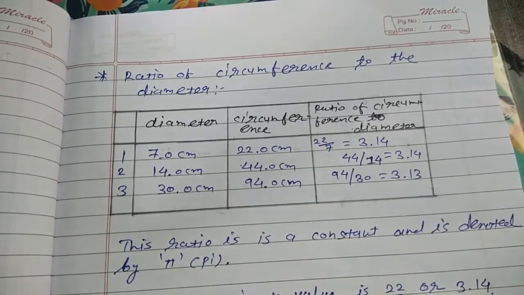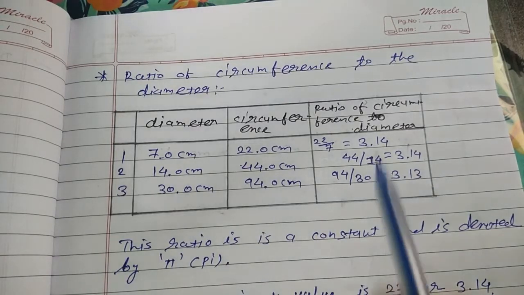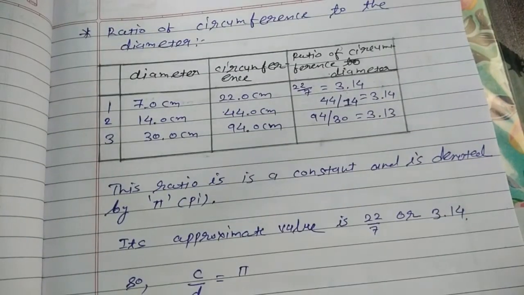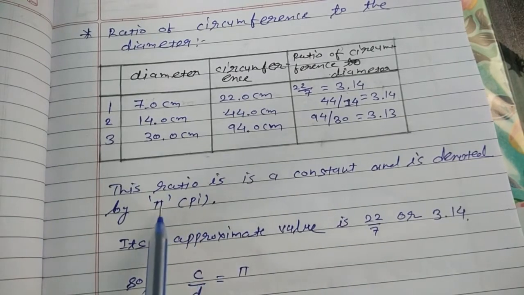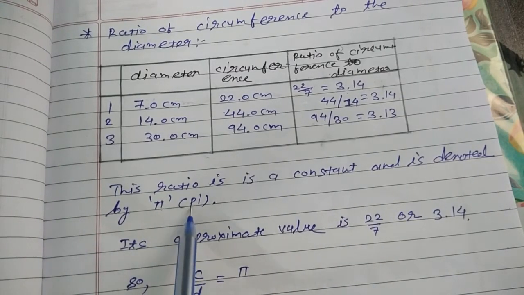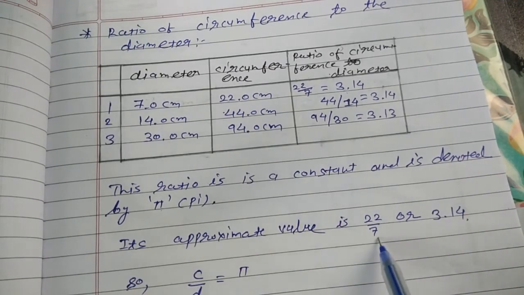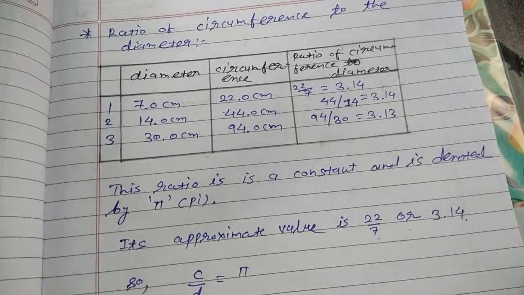For any circle, we find this value approximately. And this ratio is a constant and it is denoted by the symbol pi. It is called pi. Its approximate value is 22 divided by 7 or 3.14.